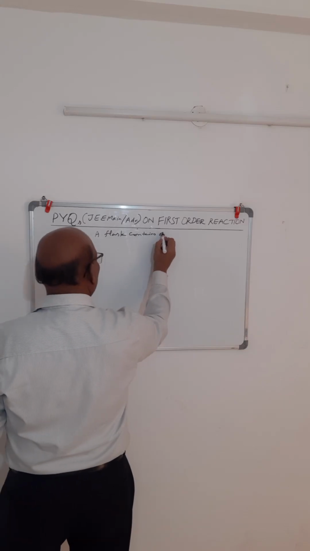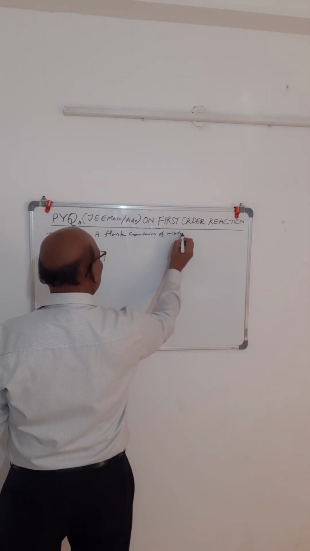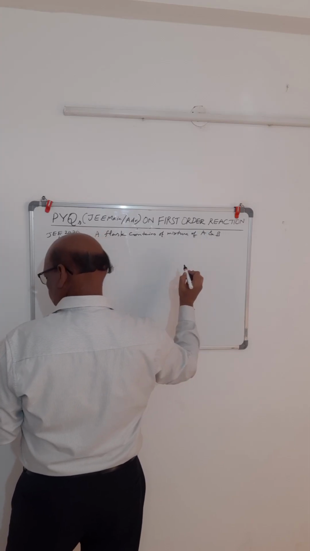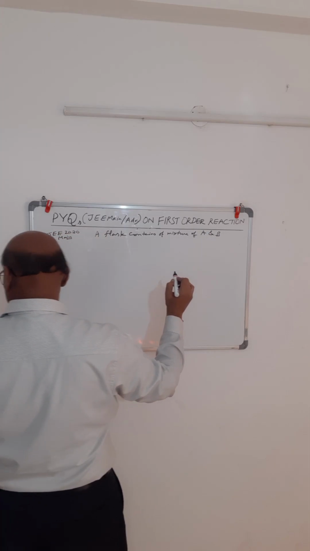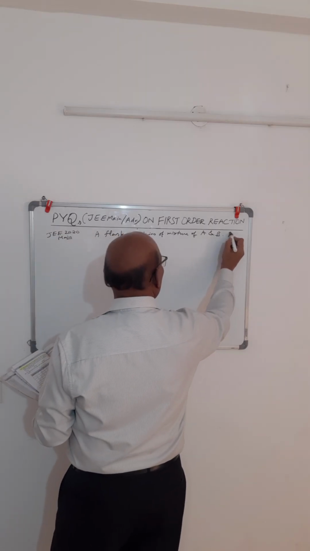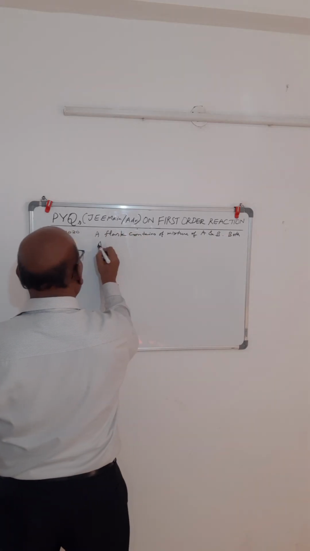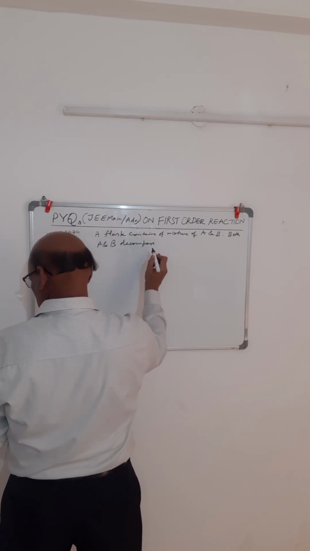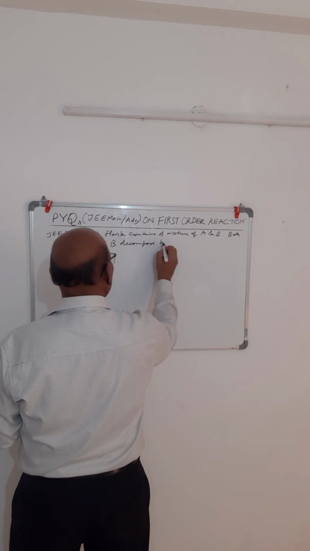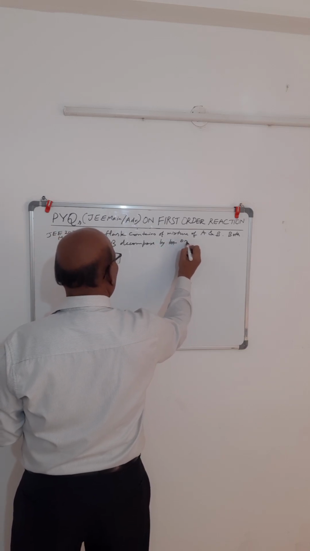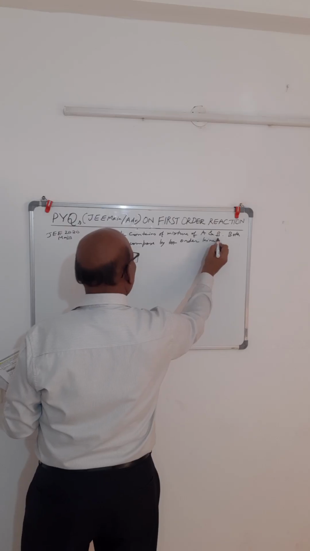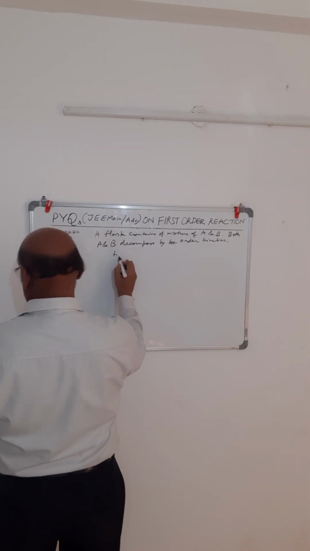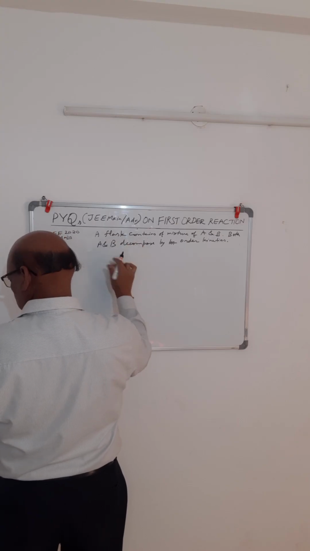a mixture of 2 compounds A and B. Both these compounds, A and B, decompose by first order kinetics. The half-lives of A and B are given to us.